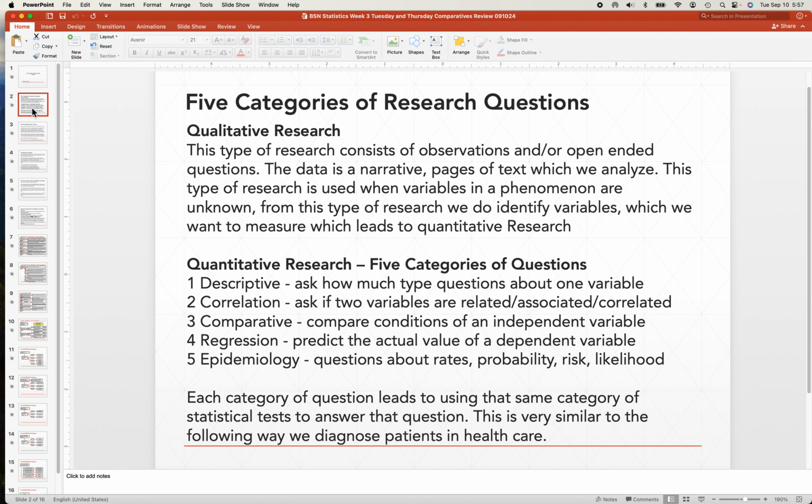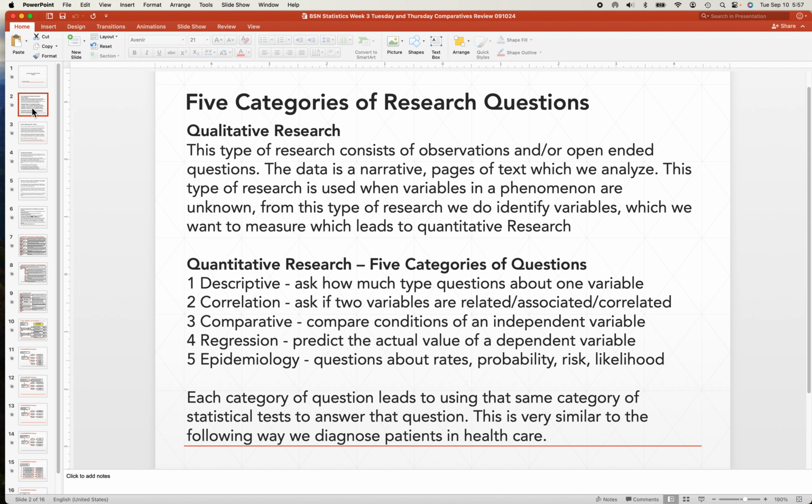When we get even higher, when we understand a phenomenon more precisely or more in depth, we can get into regression analysis. Regression analysis has to do with a level of study where we're trying to predict the outcome of a dependent variable. In these questions, you'll actually see the word prediction, predictor, some version of the word predict.